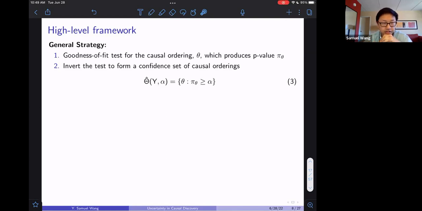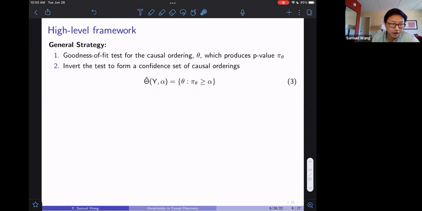Now to form the confidence set, which we're going to denote hat theta, we're going to simply invert this goodness of fit test. Put another way, for some pre-specified alpha, let's say 0.05, hat theta contains all the causal orderings which are not ruled out by a goodness of fit test at level alpha.